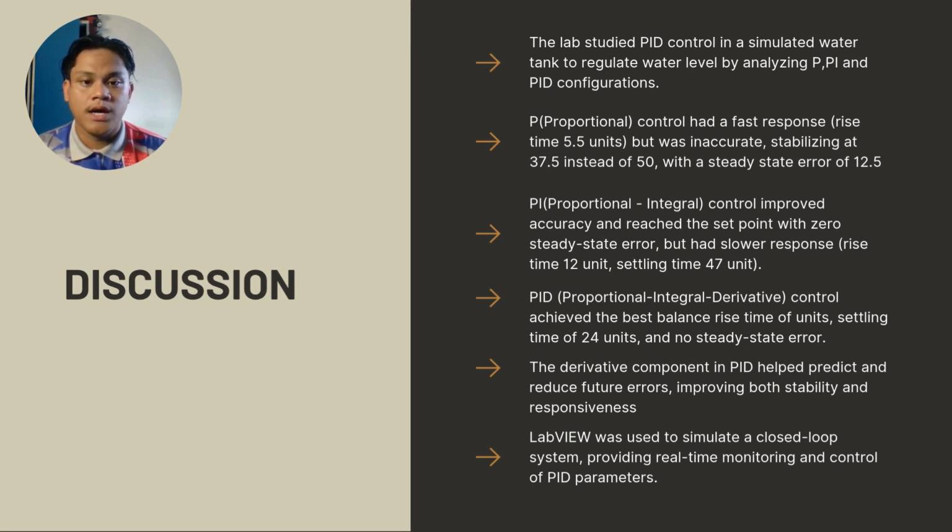So with PI, proportional integral control improves accuracy and reaches the set point with zero steady state error, but had a slower response, with a rise time of 12 units and a settling time of 47 units. And when PID is applied to the water level, the control achieves the best balance, with a settling time of 24 units and no steady state error.